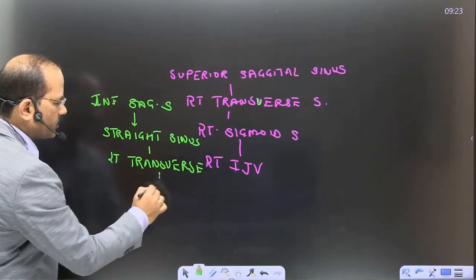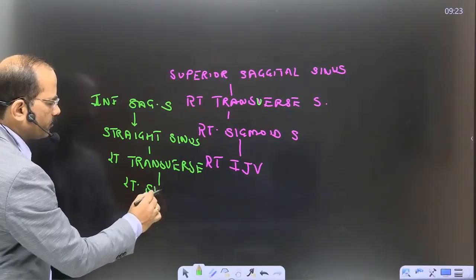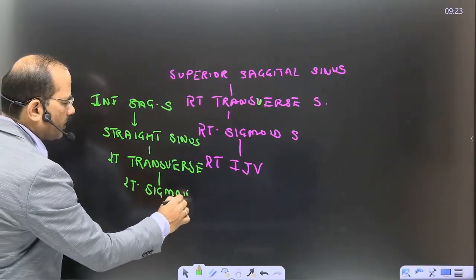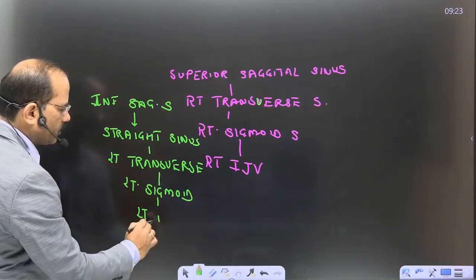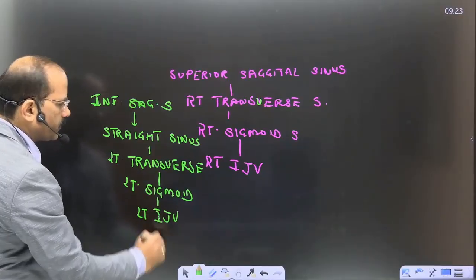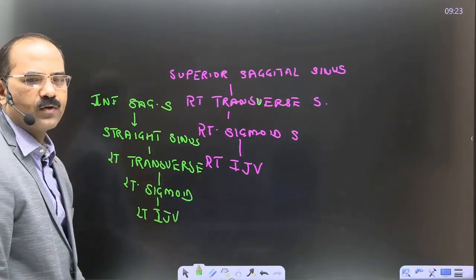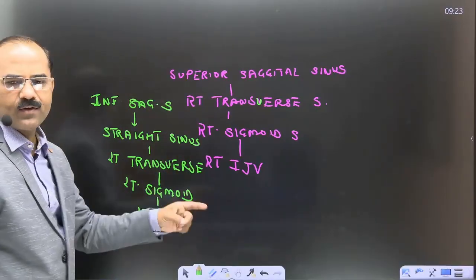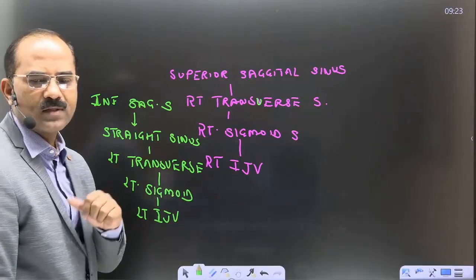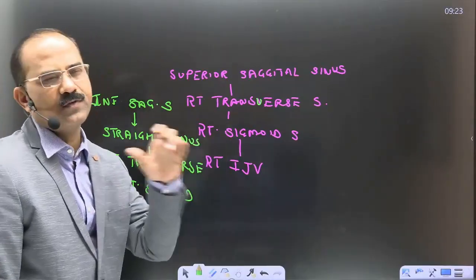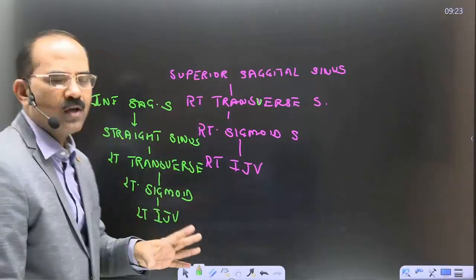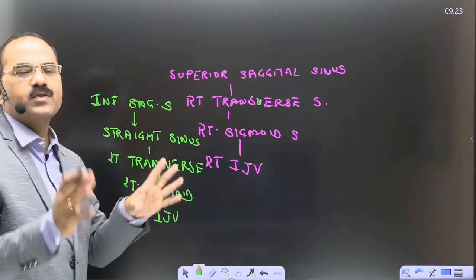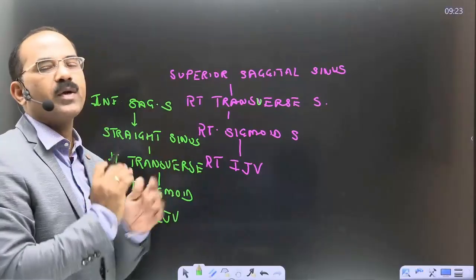Now it continues as the left sigmoid, and then it continues as the left internal jugular vein. Clear? So the inferior sagittal sinus first becomes the straight sinus, then the left transverse, then the left sigmoid, and the left internal jugular vein. Perfect. So these are the various sinuses of the skull located within the dura mater.